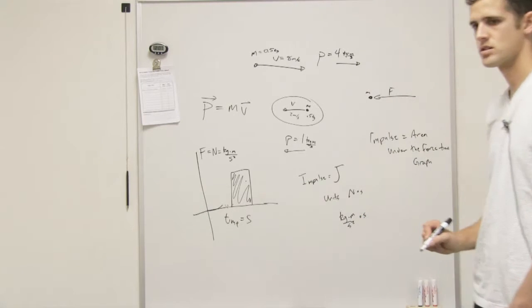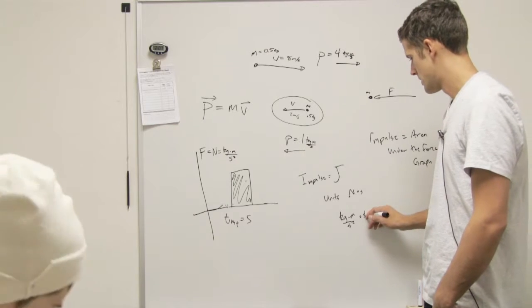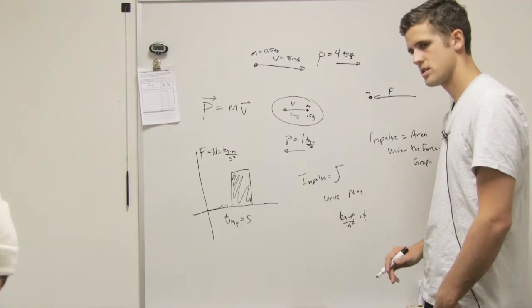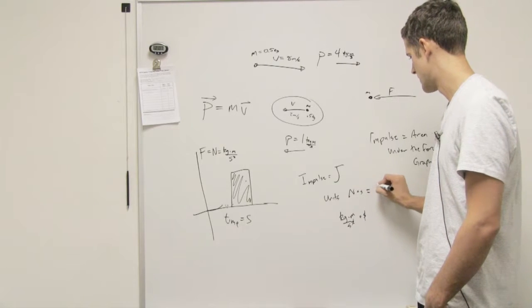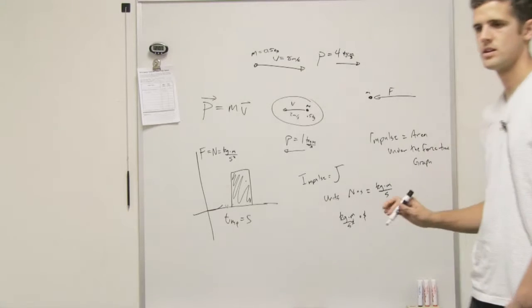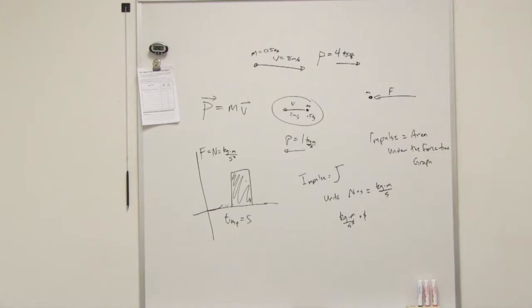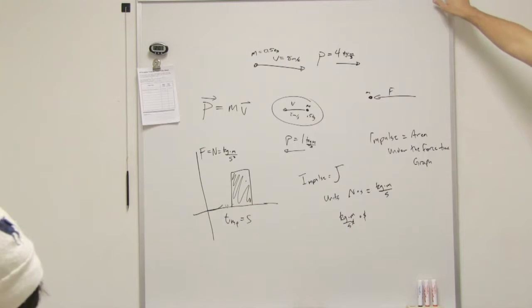Times seconds. So if you cancel out this second with one of these, your units of impulse are going to be kilogram meters per second. Does that make sense? Yeah. Let's get your pencil out and we'll walk through that again for a second.